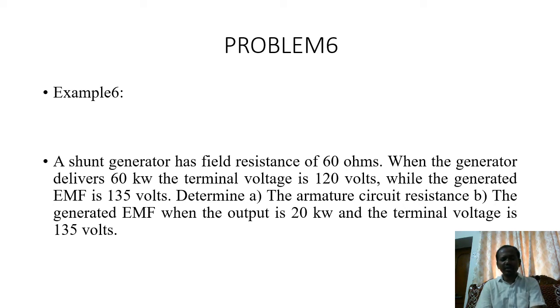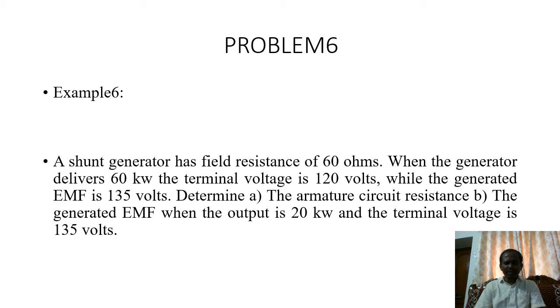Here the equation is Eg is equal to V plus IaRa. We know the value of Eg is 135 volts, so IaRa is equal to 135 minus 120, which is 15 volts.